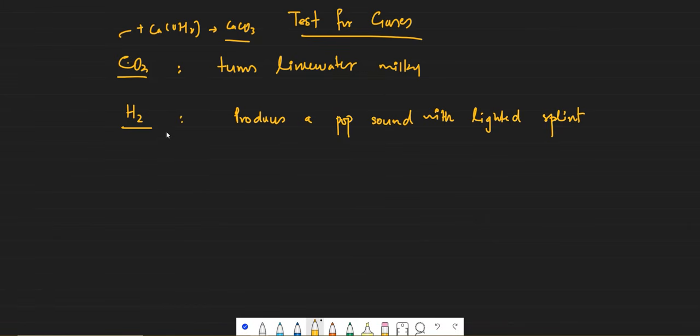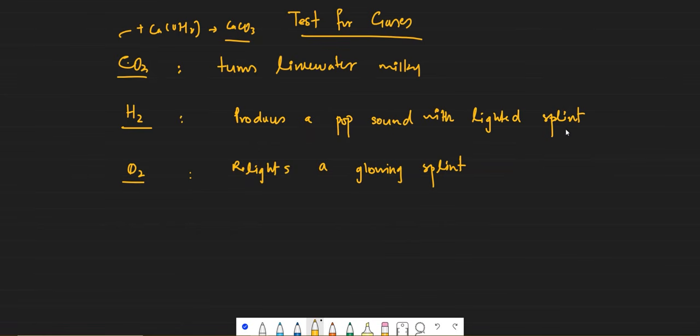Okay, and then you have oxygen. Oxygen relights a glowing splint. They are their test as well as their observation. For hydrogen, the test would be you will use a lighted splint, and the observation would be that it produces a pop sound.